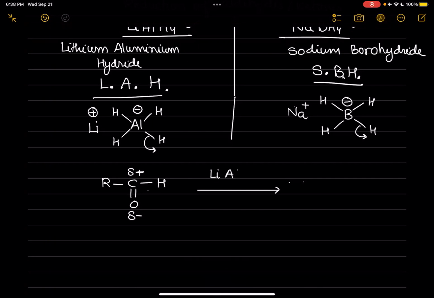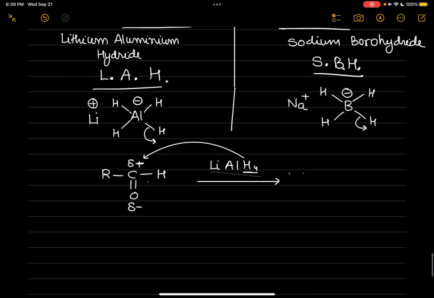And suppose you take LiAlH4. Actually this is nothing but H minus, because it is 4 H minus. That H minus is going to come and join over here. Because H is minus and carbon is plus, they get attracted. This is nucleophilic addition. Because the H minus is joining on the carbon, and carbon can make only 4 bonds maximum, the pi bond of the double bond will get shifted onto oxygen.